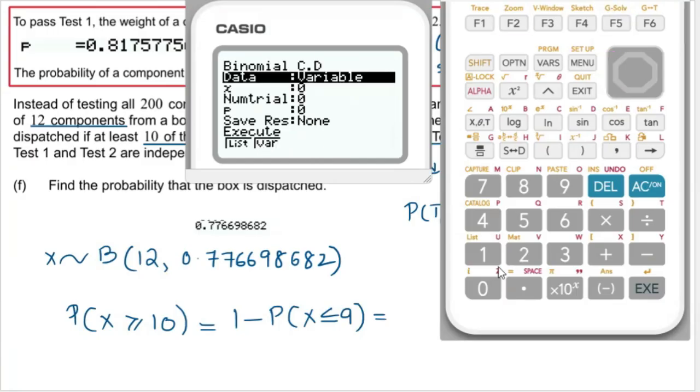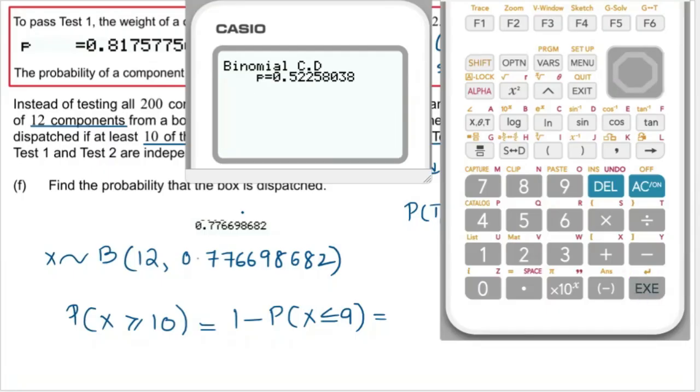In place of X, I put 9. In the number of trials, I put 12. And in the success, I put 0.77669868. Okay, let's go. So that is 0.52258.